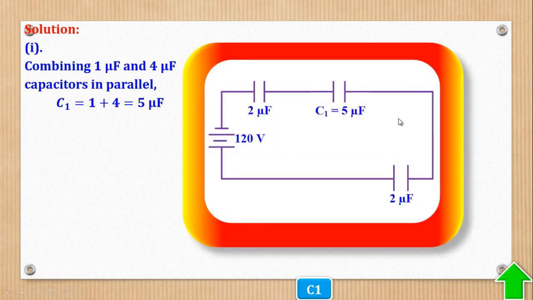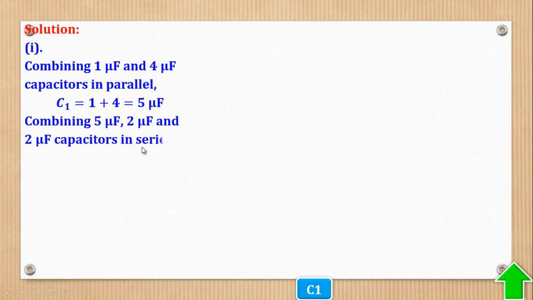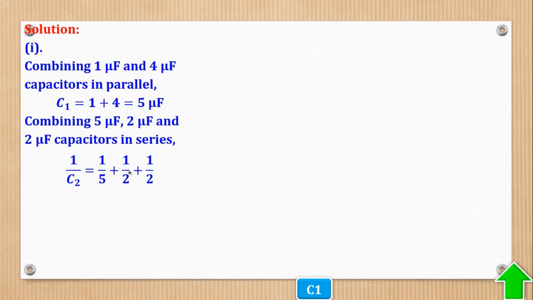So all these three are in series. Therefore, I have to get the effective capacitance in series. Because they are 3 and not 2, we shall use the reciprocal. So combining all those in series, 1 over C2 is equal to 1 over 5 plus 1 over 2 plus 1 over 2.